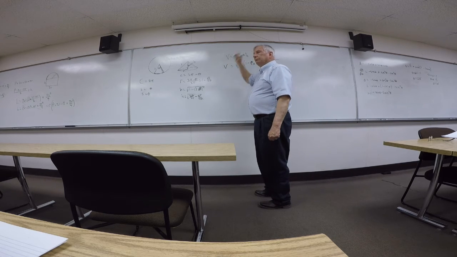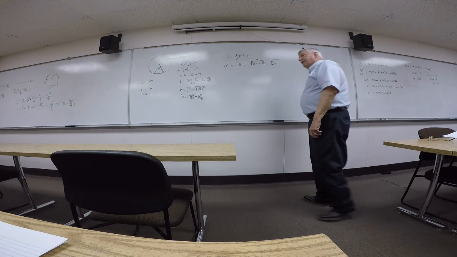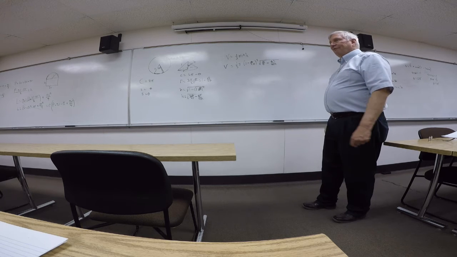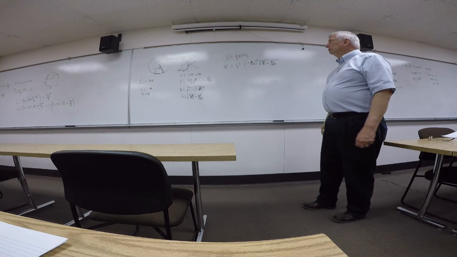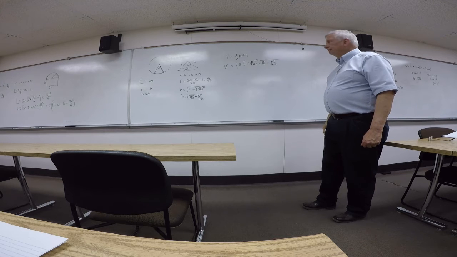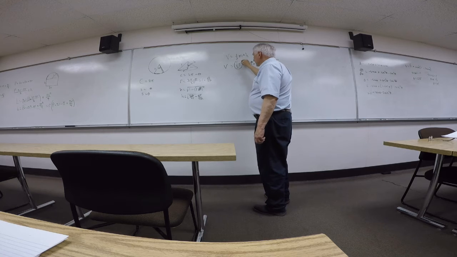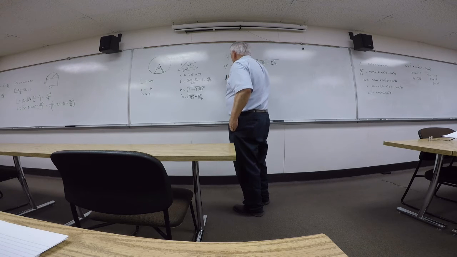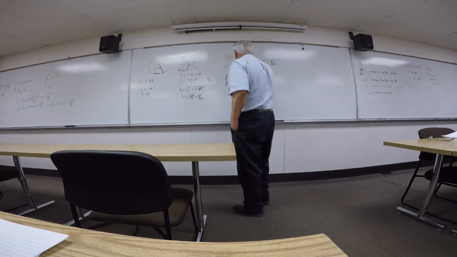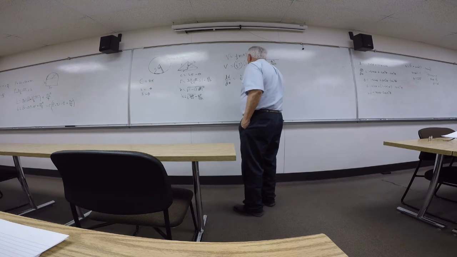Here's my volume. So all I have to do now is find its derivative, set that derivative equal to 0, and see what falls out. So, this is a constant. dV/dθ is the constant 1/3 π.